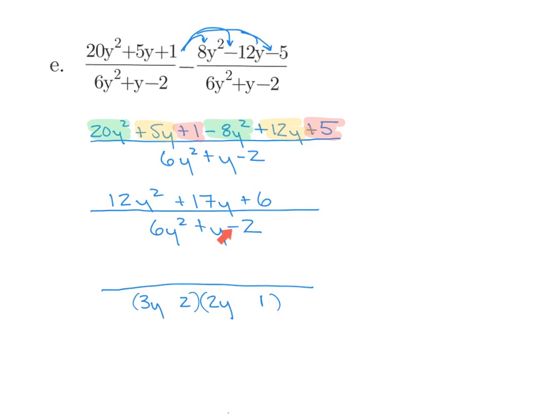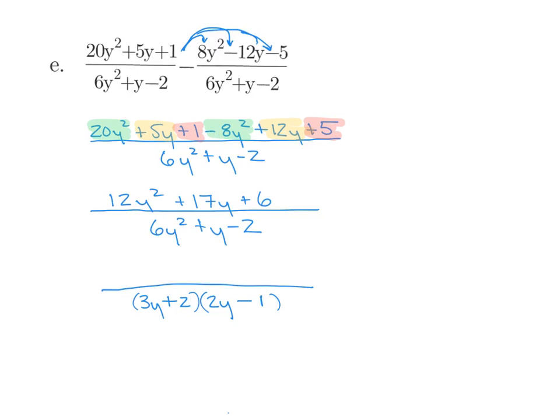We are multiplying to a negative 2, which means different signs. I want my larger quantity to be positive, so which one is larger? My outsides, 3y times 1, which is 3y, or 2 times 2y, which is 4y. Since 4y is larger, I want my 2 to be positive, and I want my 1 to be negative.